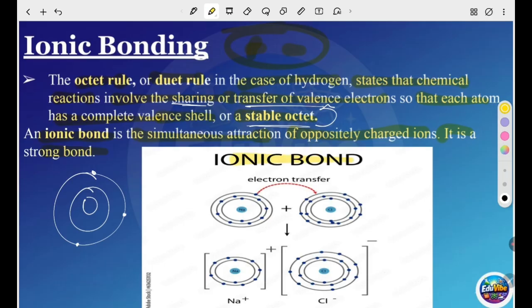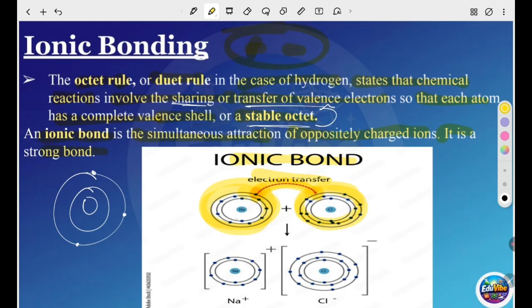If we see an example of the ionic bond, there is electron transfer. We have an Na over there and a Cl over there. That Na has only one electron in the outermost shell, so it transfers it to the Cl, because the Cl has only 7 in its outermost shell, so it has to become stable. So Na transfers that one electron to Cl and this becomes stable, and this also becomes stable.